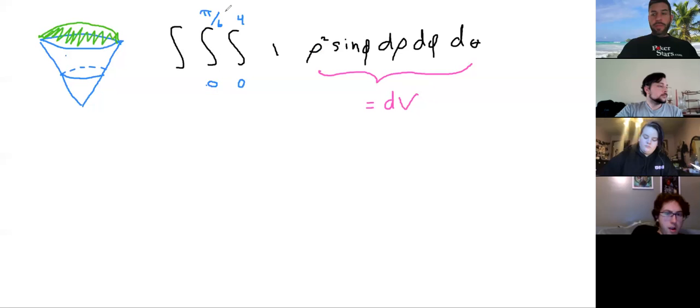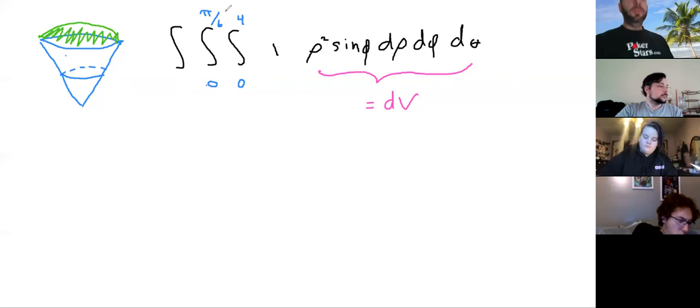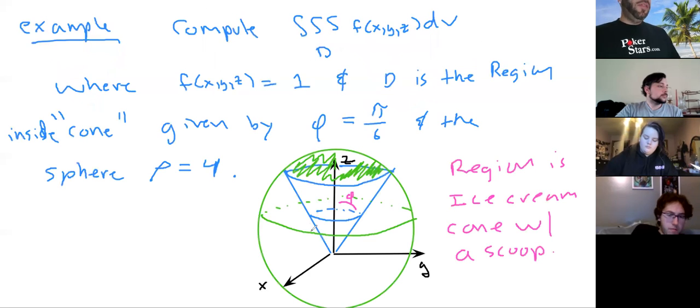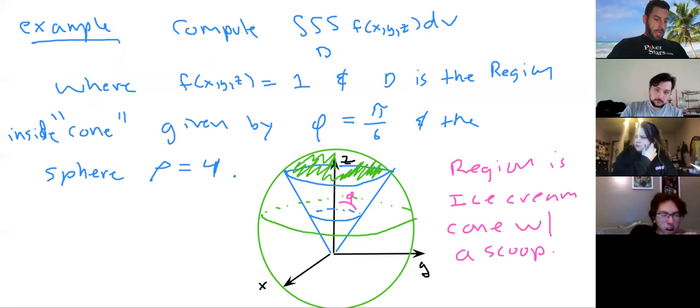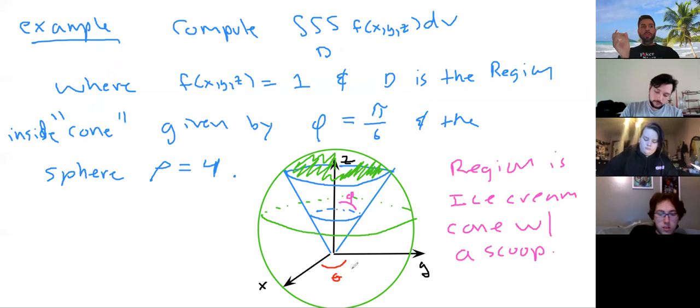And then last but not least, where does theta range? Well, if you go back to the previous page, theta is this angle. So let's get another color, how about red? Theta, if we go down here, is this angle in the XY plane. And so our cone is full, which means in order to describe the whole cone, we have to let theta go all the way around the circle.